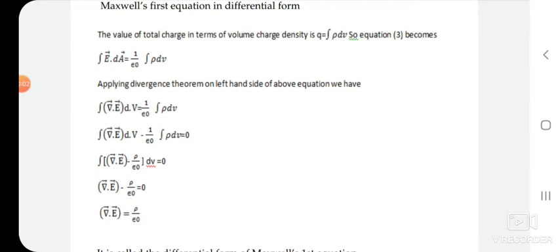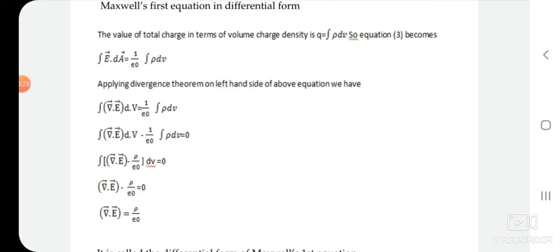If we move the right hand term to the left hand side, it becomes the integral of del dot E dV minus 1 by epsilon naught times the integral of rho dV is equal to 0. Now both are volume integrals, that's why we can combine them: the integral of (del dot E minus rho by epsilon naught) dV is equal to 0.